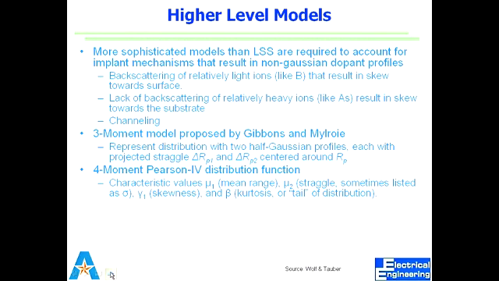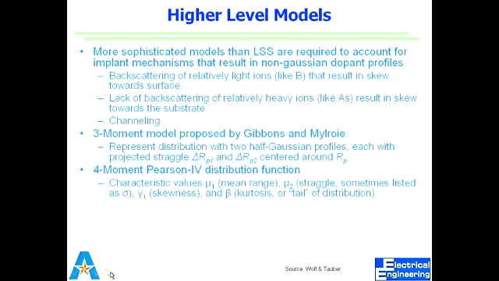Instead of a perfect Gaussian, for which we could use that simple relation where we said it's a symmetrical distribution, it's not symmetrical for all of the dopants. It's skewed, so we use different models to explain that. And for heavy ions, there is no backscattering, so they are skewed towards the other side, towards the bulk of the substrate. And then there is a factor called channeling.